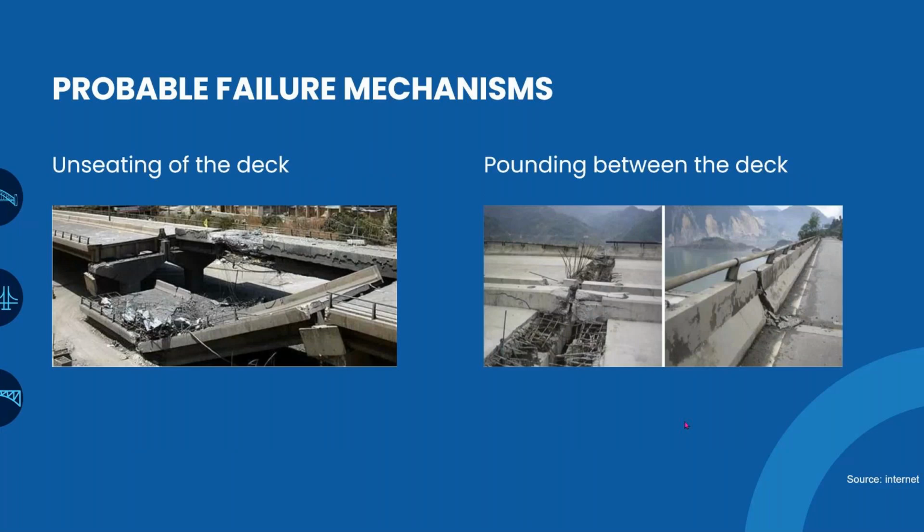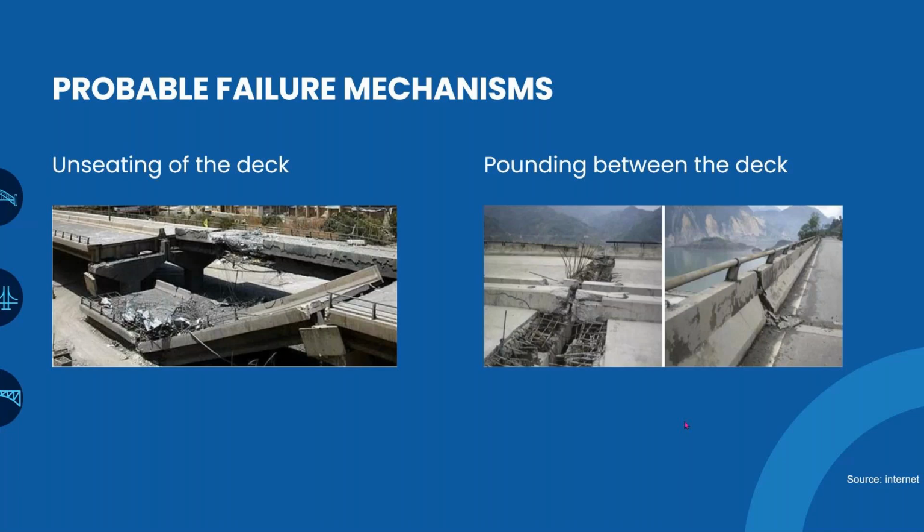These are the major types of failures that we see, but sometimes we as engineers ignore failure mechanisms such as unseating of the deck or pounding between the decks. This seems to be a very unlikely event, but it has been observed in past earthquakes as well, wherein the deck has completely come off the bearings and fallen down.